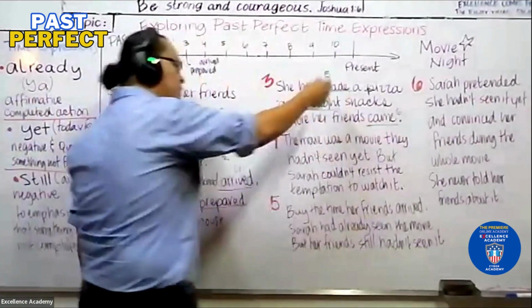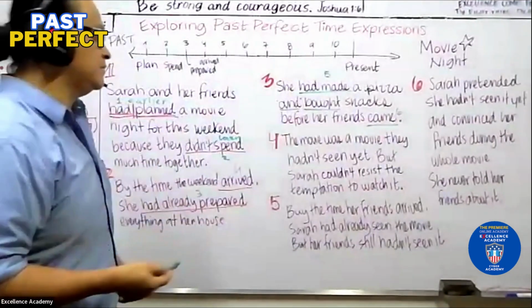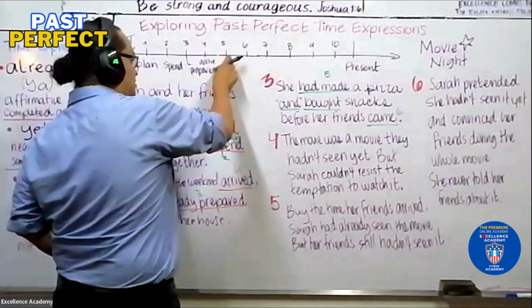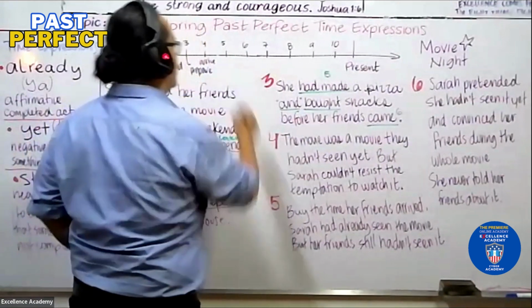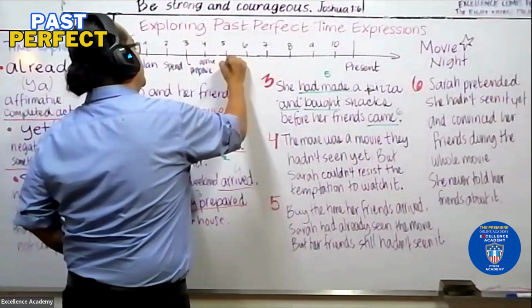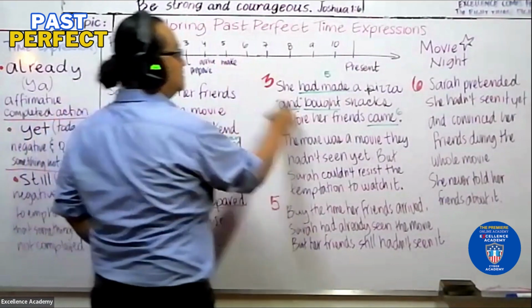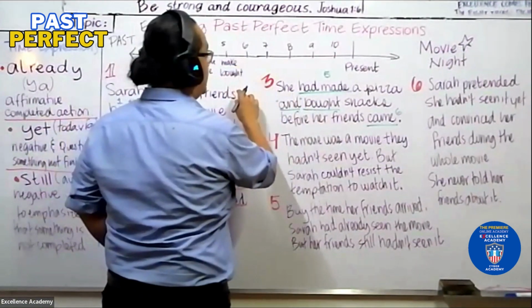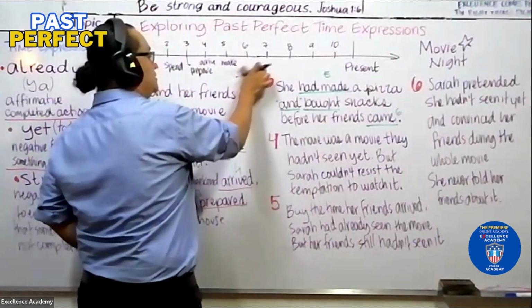So she prepared the pizza, made it before her friends had arrived. So let's put it here on the timeline. Just gonna use the base one here. So number 5 would be make a pizza, right? Made pizza and bought snacks. Oh yes, and bought. Let's put both of those. Let's just put it in the base form.